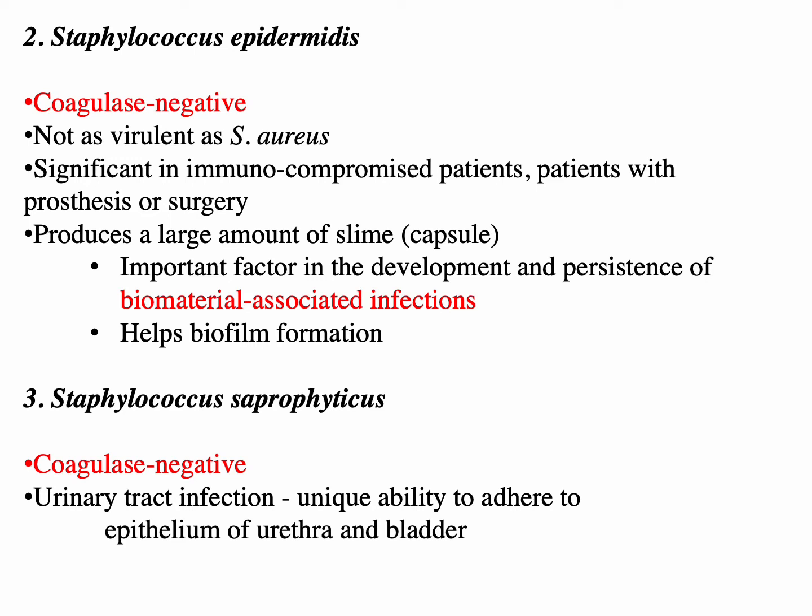Biofilm is layers and layers of cells and other material, so bacterial cells and other body materials, whatever is present there, build up layers and layers, and we call it biofilm. Biofilms are well known to be very resistant to antibiotics, and this biofilm can coat biomaterials like implants or tubings.